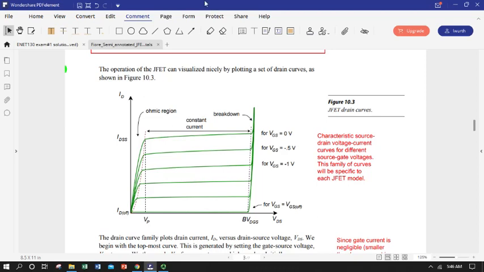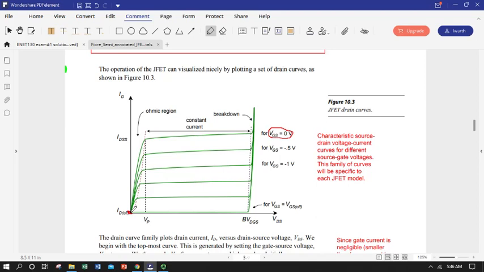Okay, so let's start in a condition where our gate to source is 0. Well, we're going to leave it wide open. We're not going to try to pinch down that N channel at all. In that case, we start with no voltage across the source to drain, and so there's no current flowing. Surprise, surprise.